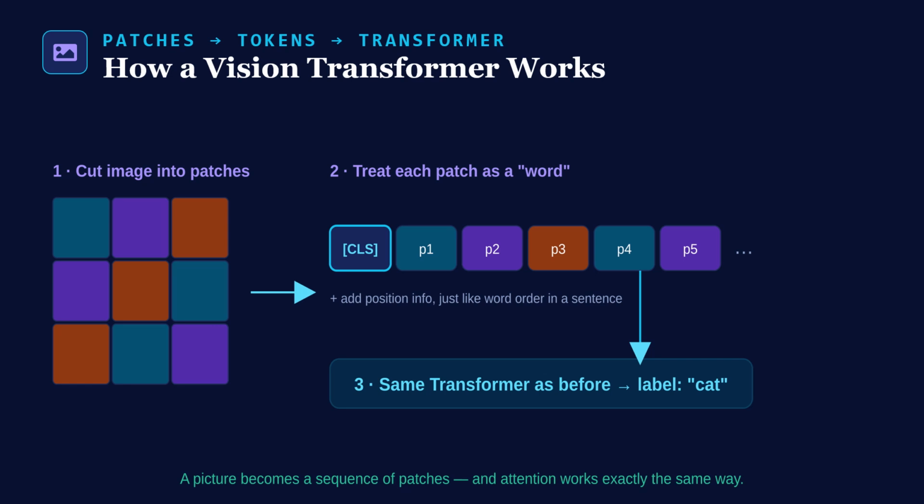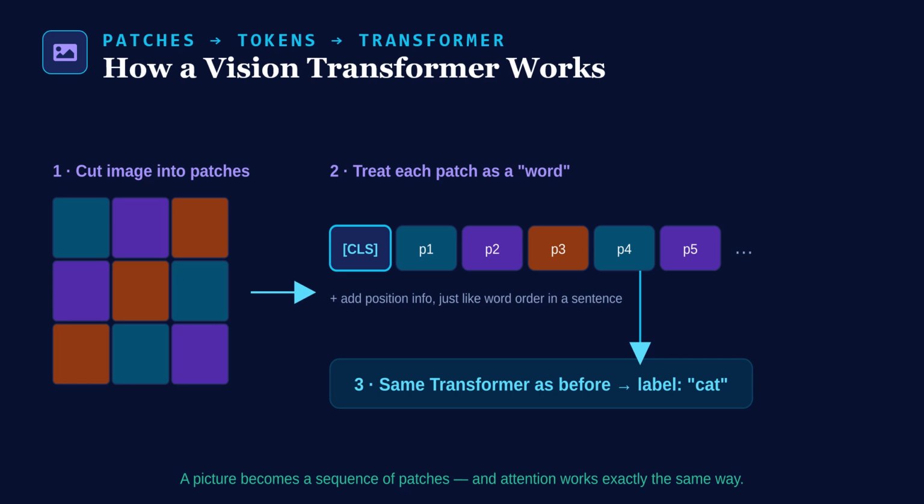And we add one more special marker at the front to summarize the whole image. Step 3. Feed that row of patches into the same transformer we have used all along, and out comes a label like cat. So a picture quietly becomes a sequence of patches and attention works on it exactly the same way it works on words.